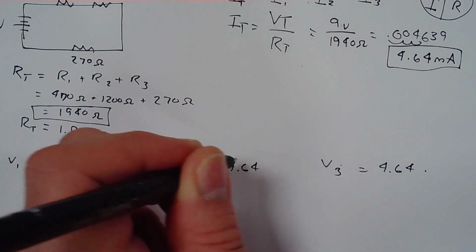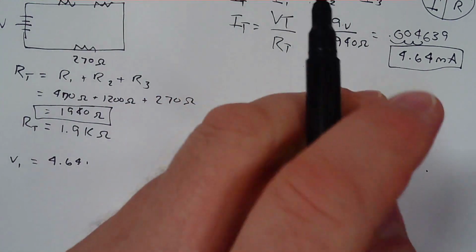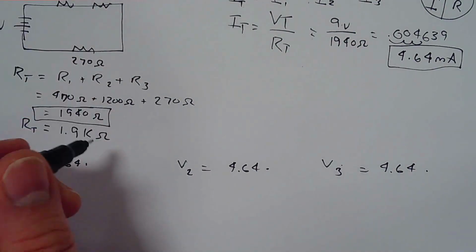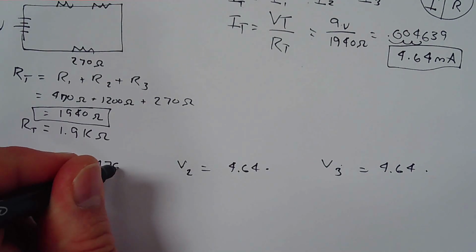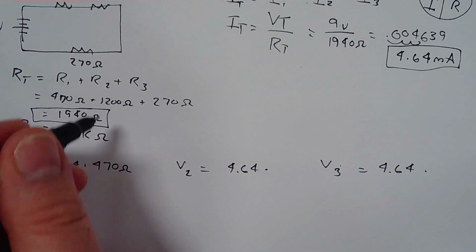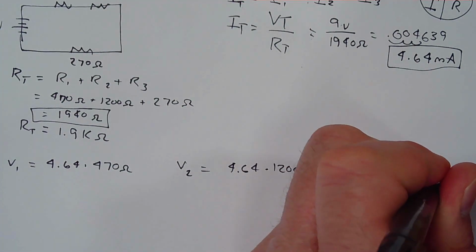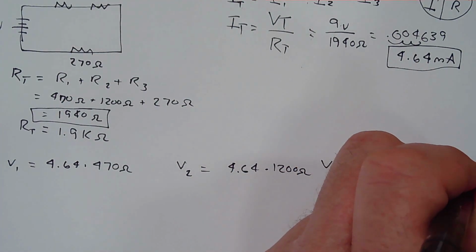And then it's going to multiply out by resistance. So we'll put in 470 ohms, 1200 ohms, and 270 ohms.